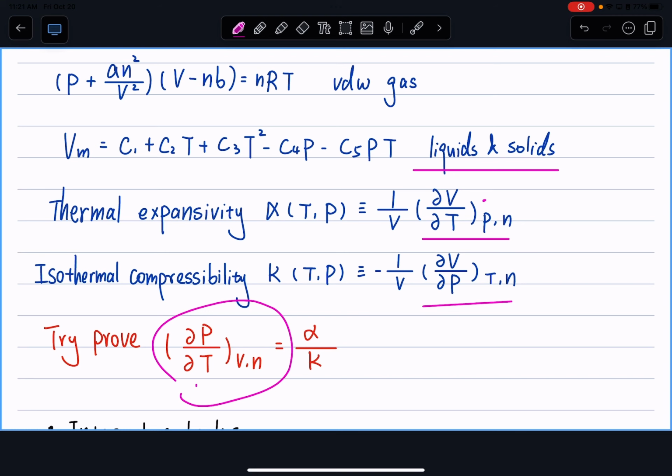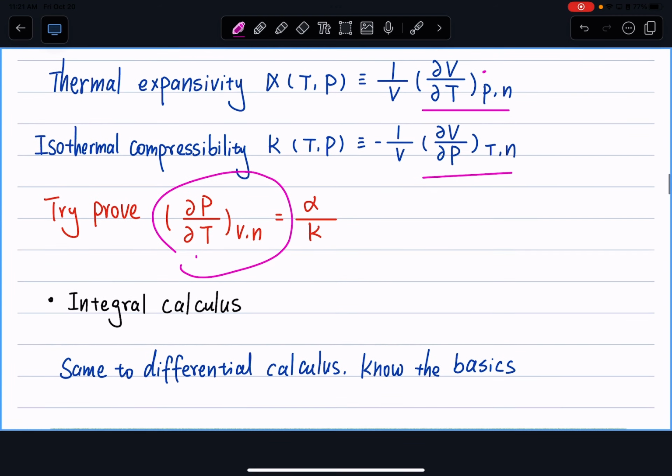All right, at the end of chapter 1, we went over integral calculus. Like the differential calculus, I don't have too much to share for the integral calculus. Just know how to set up the calculation and know what exactly integral calculations are doing.